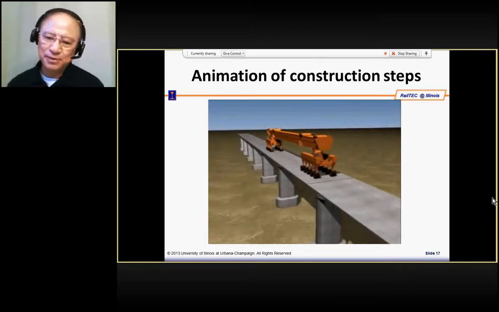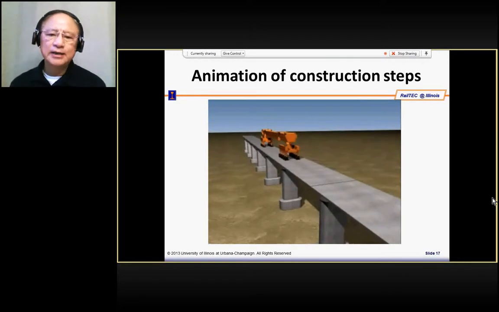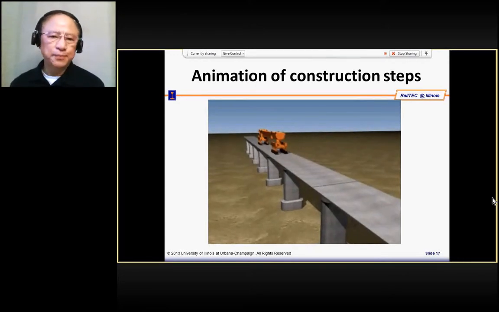Your question may be, how fast can you construct this? Usually it's about one girder per day. The whole cycle takes about one day's work. So on average, every day you can construct a 30 or 40 meter girder.